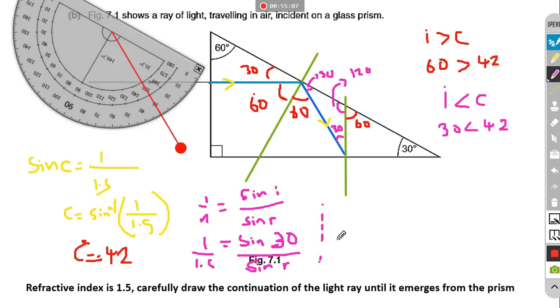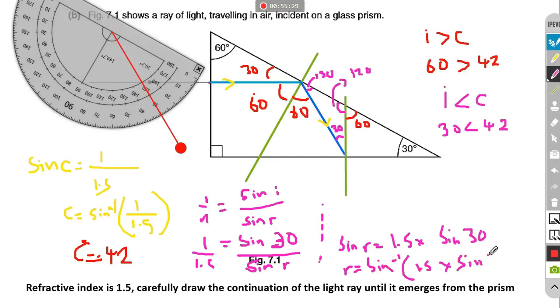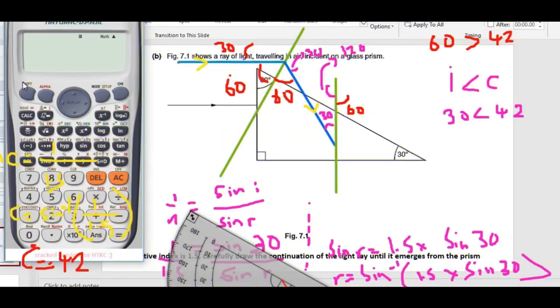So from here, making this the subject, cross multiplication, sine r equals 1.5 times sine 30, and r would equal sine inverse of 1.5 times sine 30. So let's go and calculate. Sine inverse of 1.5 times sine 30, and your answer is 48.59, so we can say 49.